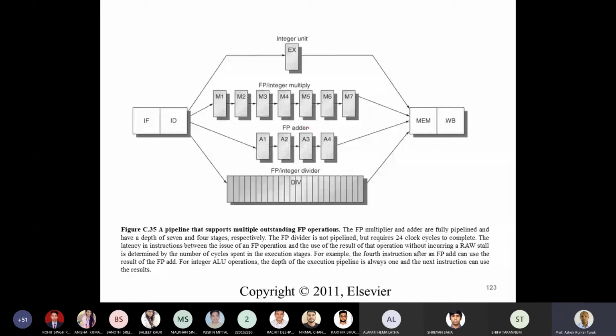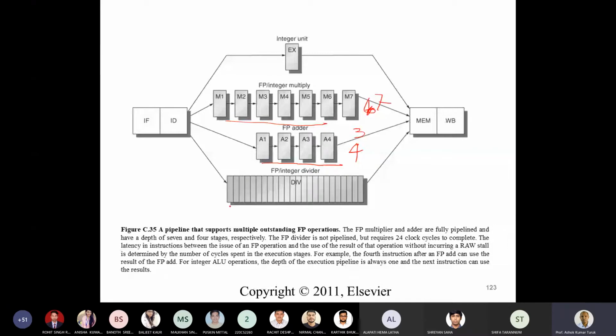If you look at the floating point adder, it says the initiation interval is 3. That means the result is produced only after 3 clock cycles, and then it can be used. So the number of stages in the pipeline becomes 4. Here the initiation interval is 6, so the number of pipeline stages becomes 7.